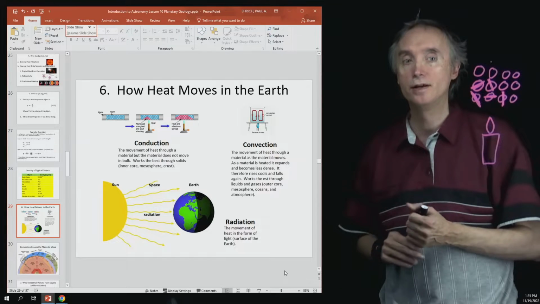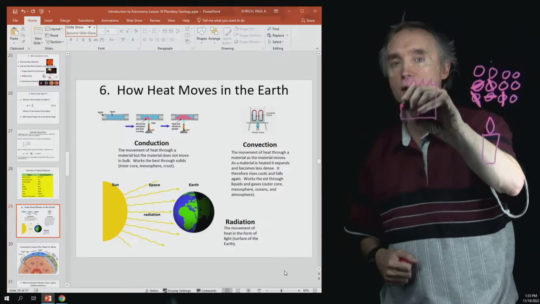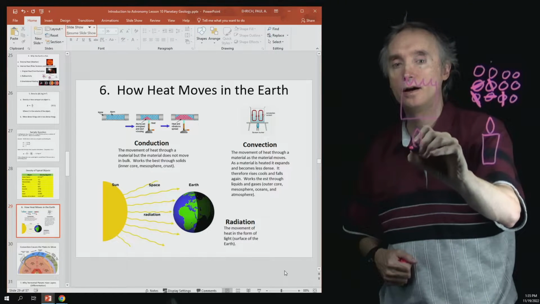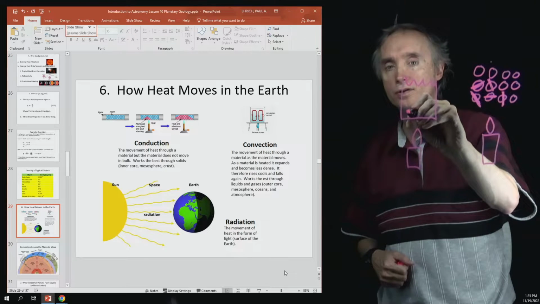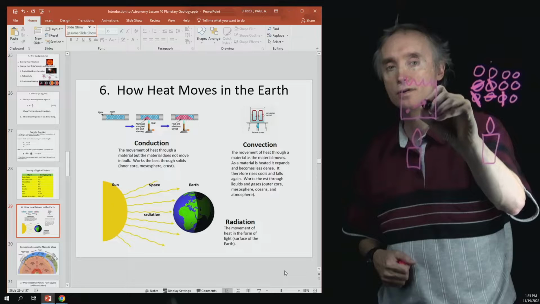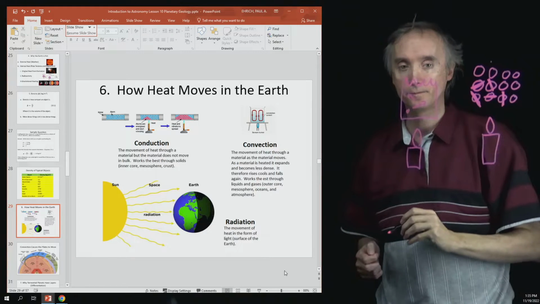So let's pretend that you've got some water and it's in a container, and again you're going to heat it up. So the individual molecules of the water are going to start to move around because they've got more energy.